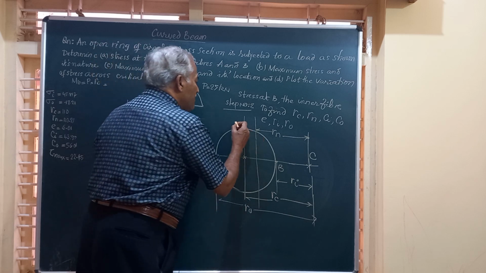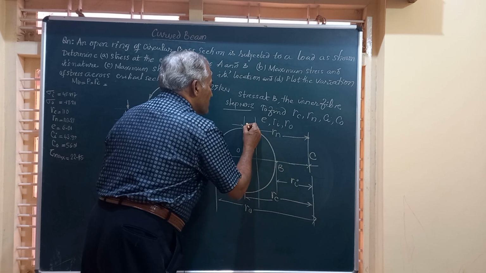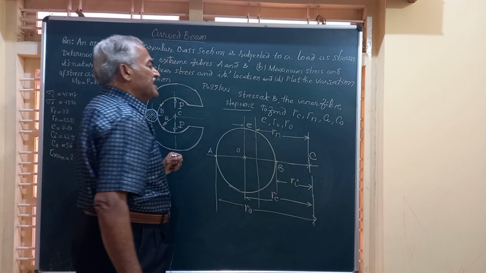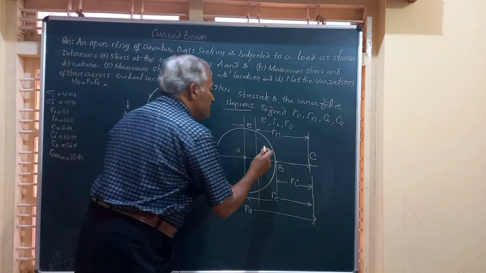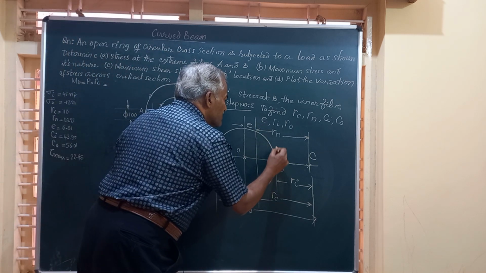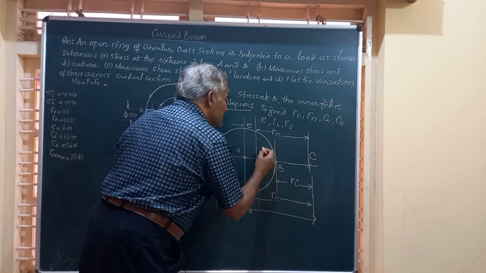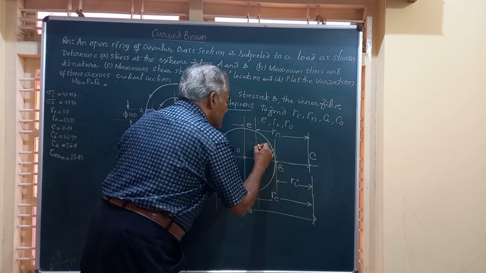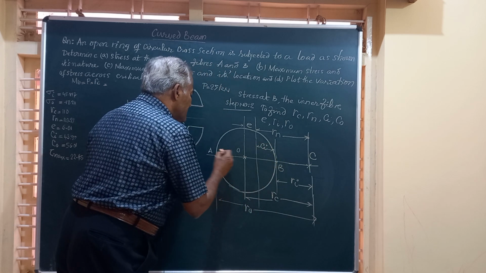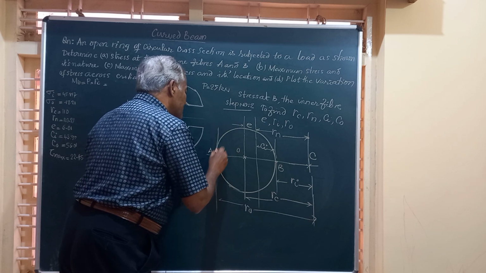The gap between RC and Rn is called E, the eccentricity. Then from this Rn to the inner fiber, this point B, is called Ci. And the distance from there till the last is called C naught.